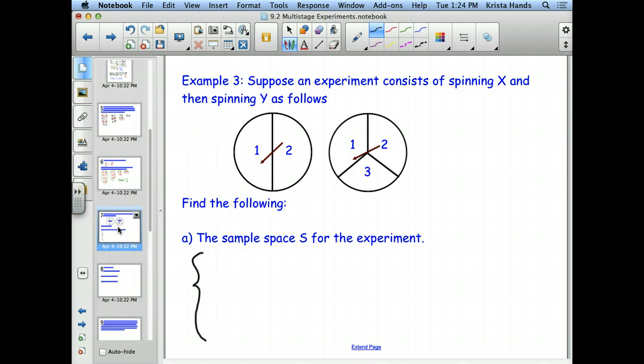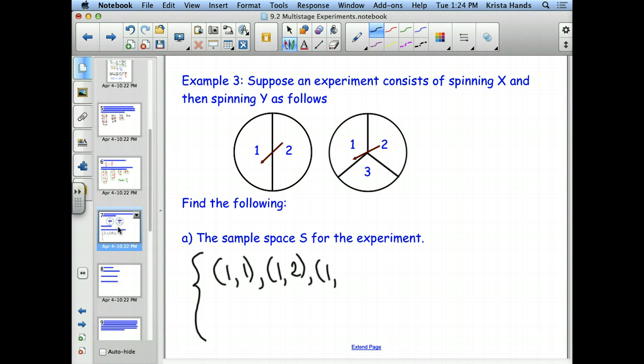Okay? So one outcome is that I spin a 1 on my first spinner, and I'm going to write them as ordered pairs. If you want to just write them as numbers beside each other, that's fine. I could spin a 1 on the first spinner, and then what happens when I do the second spinner? What would I have? I have 1, 2, or 3. So I could have a 1 and then a 1. That's an option, right? Or I could have a 1 and then a 2.